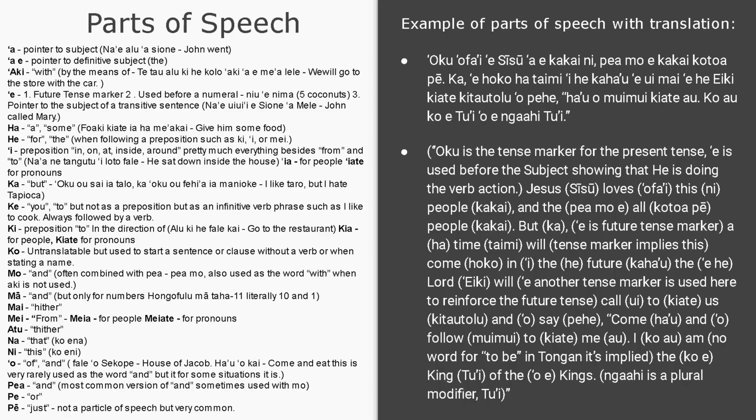That's a transitive pointer for the Lord, eiki, because the verb ui is transitive in the sentence. And it's a bit complicated and there's a lot to go into that, but we'll go into that the next slide. Will, and again we're using the whakawa e here as a tense marker to put the idea of the word will, like the future.